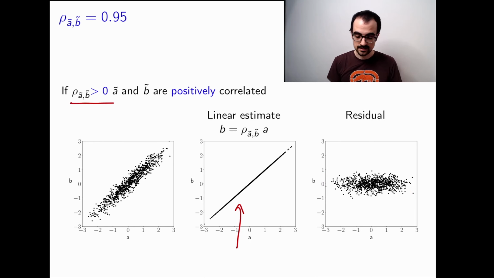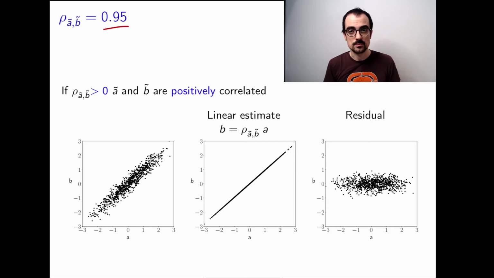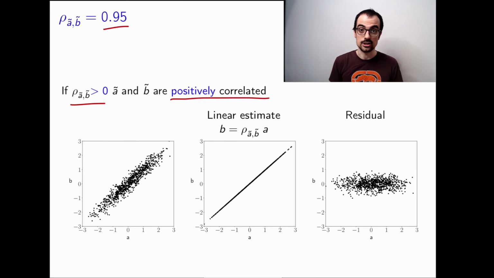That's why this line has positive slope, and it's equal to 0.95, in fact. In such cases where the correlation coefficient is positive, this line that corresponds to the linear approximation of B given A is going up. In those cases, we say that the quantities are positively correlated when the correlation coefficient is positive.